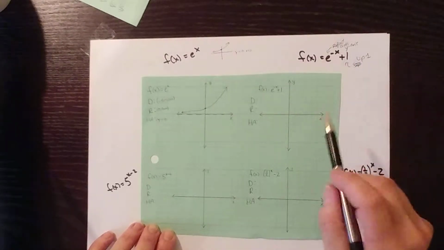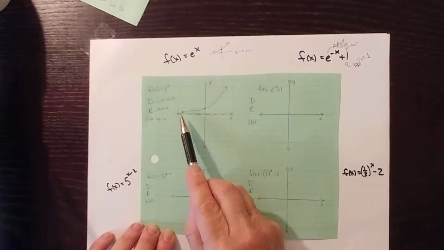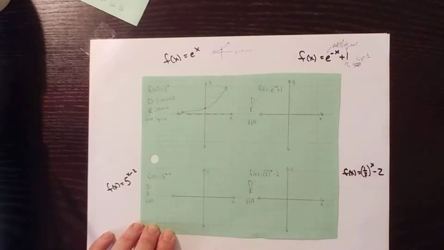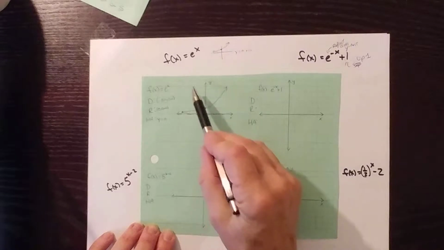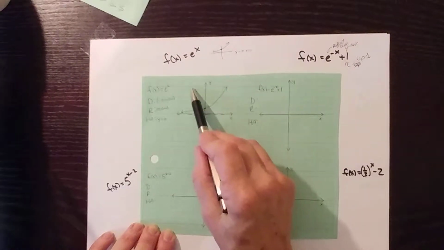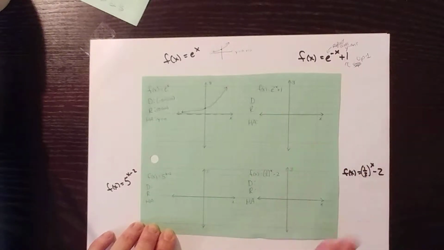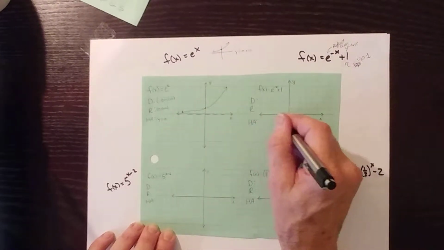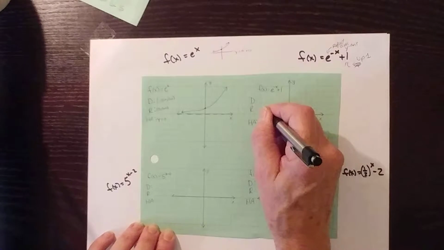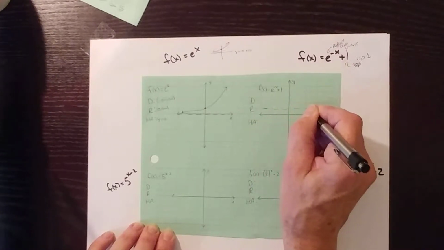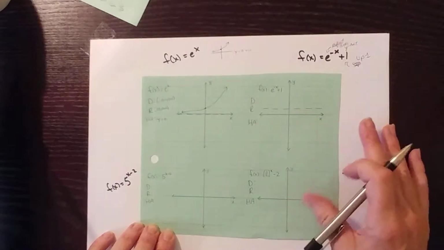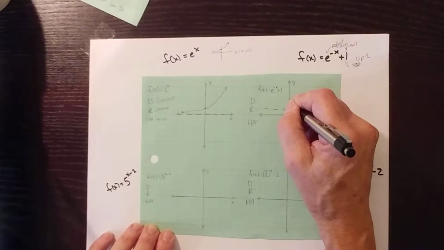So we have to reflect the basic graph, which is this right here, across the y. So if we reflect it across the y, then it's going to look like this, and it's going to be shifted up 1. So that means the whole graph gets shifted up 1. So if the horizontal asymptote is normally here, then that's going to get shifted up 1. So that means the intercept gets shifted up 1.